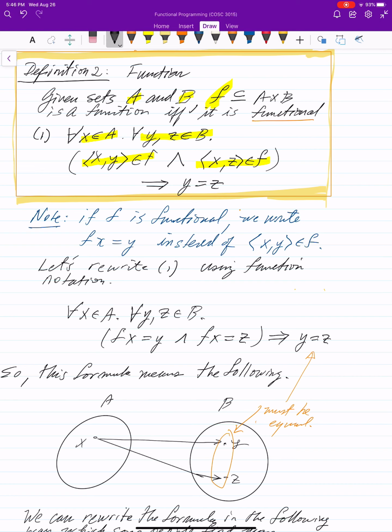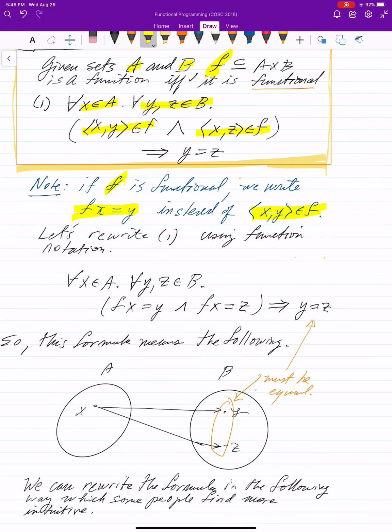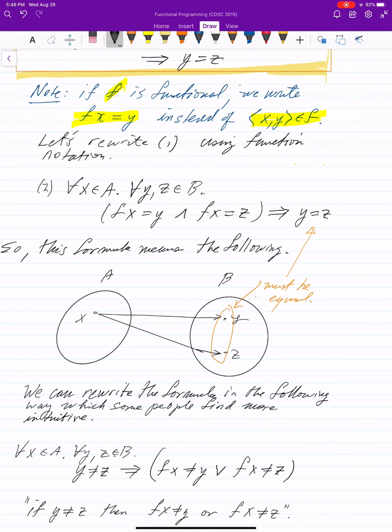Now, we can try to make more sense of this definition by doing some simplifications or modifications. So one thing is that if F is functional, we can write F of X equals Y instead of X comma Y is in F. So now let's rewrite this formula: for every X in A, for every Y and Z in B, if F of X equals Y and F of X equals Z, then Y must be equal to Z. So here's the picture again.